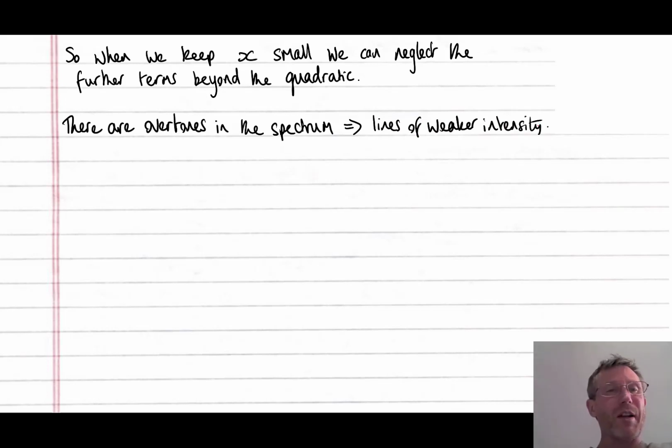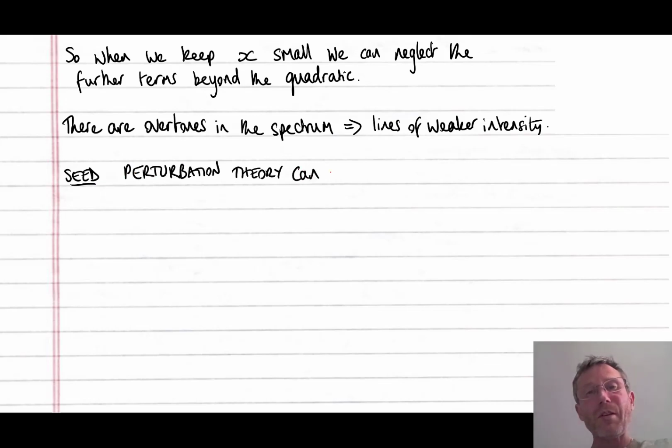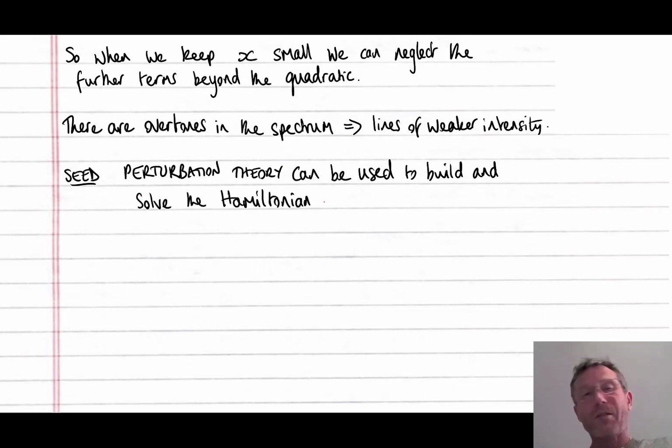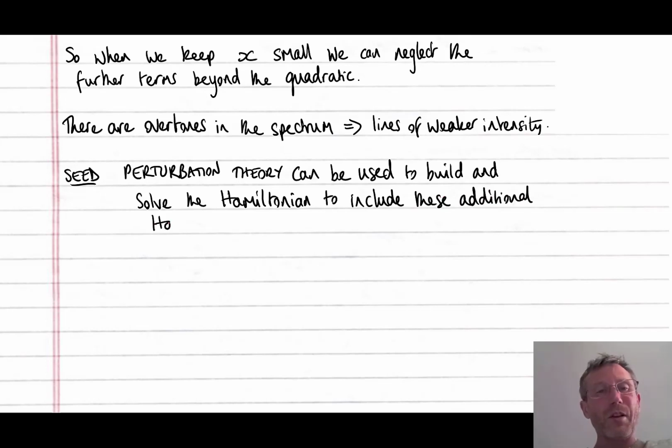I'm going to plant another seed. I'm going to say that perturbation theory can be used to build and solve the Hamiltonian to include these additional harmonic terms.